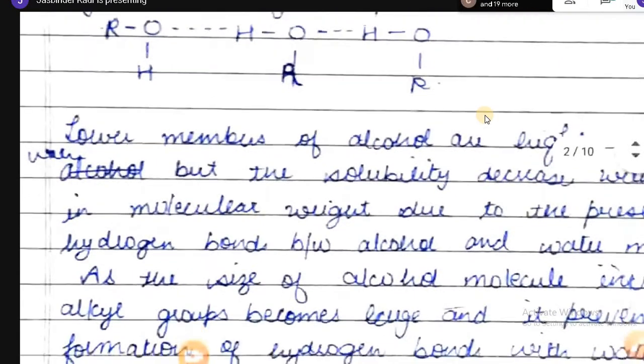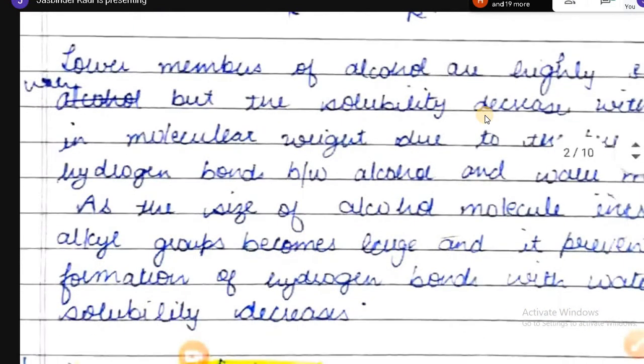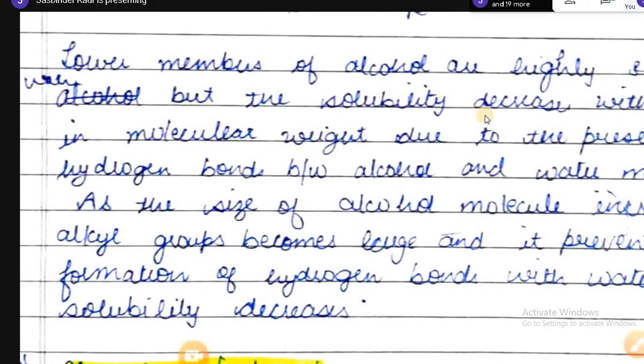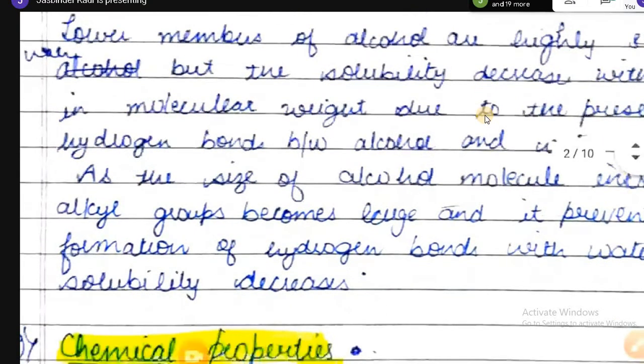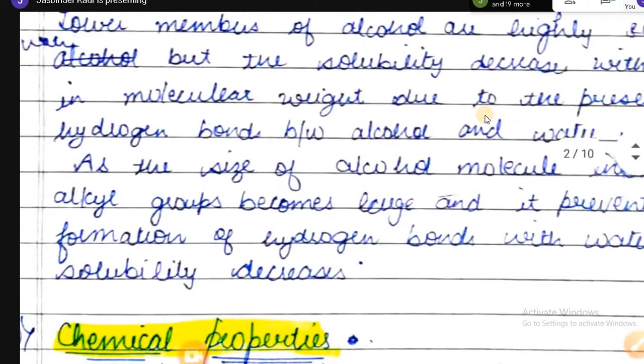Lower members have stronger hydrogen bonding because the alkyl group is smaller, so they have higher solubility than higher members. Higher members means those in which the alkyl chain increases. As the alkyl chain increases, the solubility decreases.